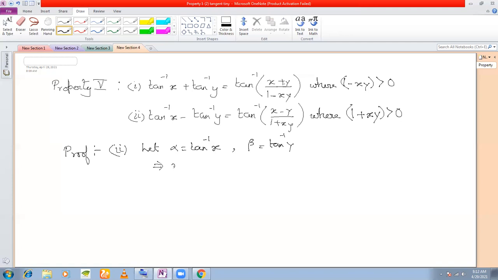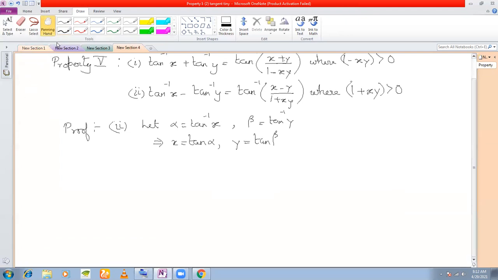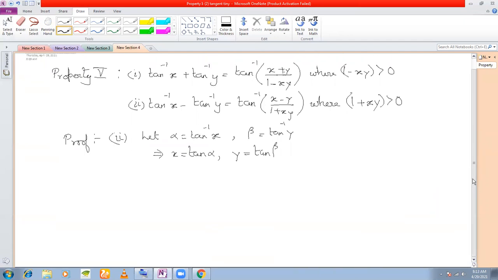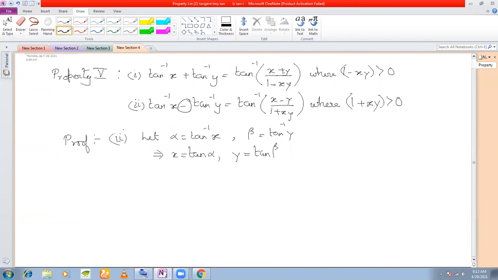That means x must be equal to tan alpha and y must be equal to tan beta.